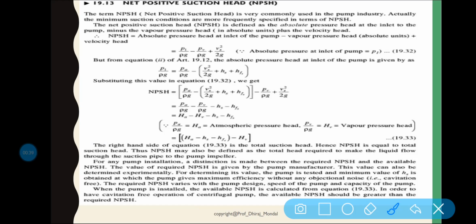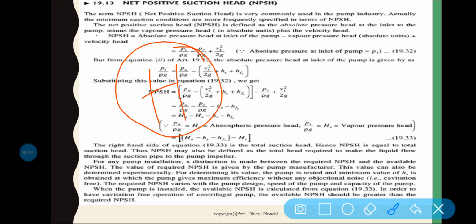Okay, so what is the definition? Basically, it is defined as the total head required to make the liquid flow through the suction pipe to the pump impeller. That means how much head is needed.